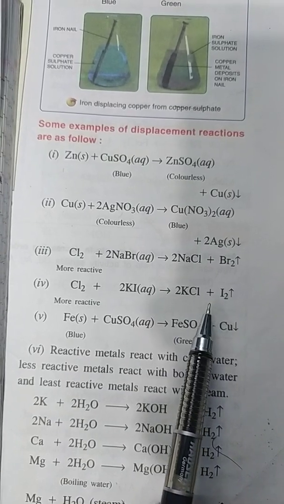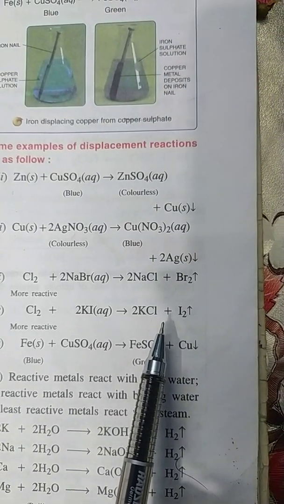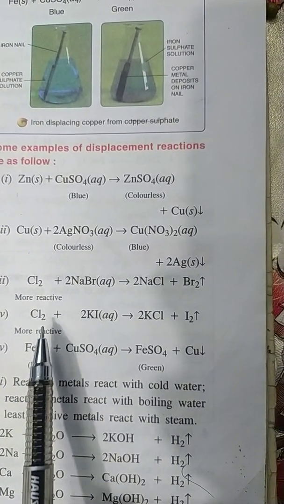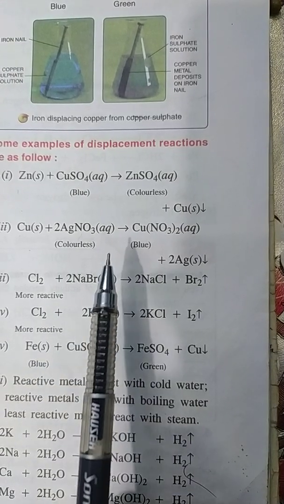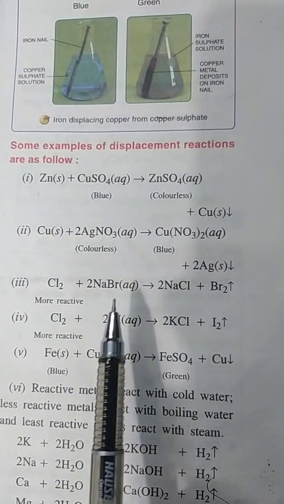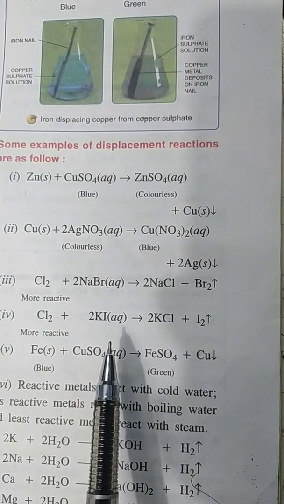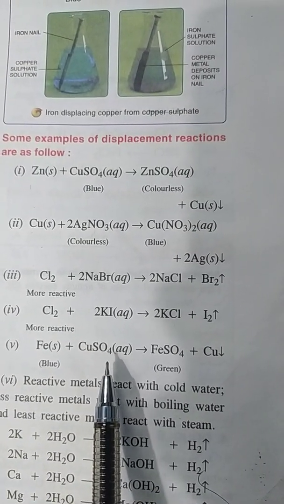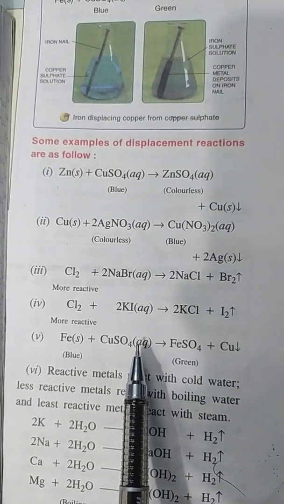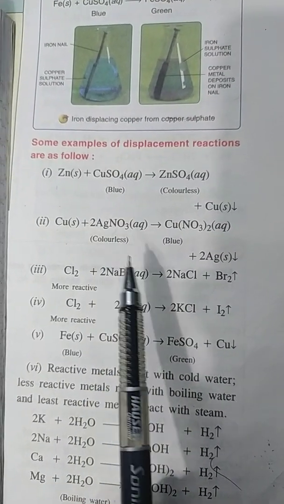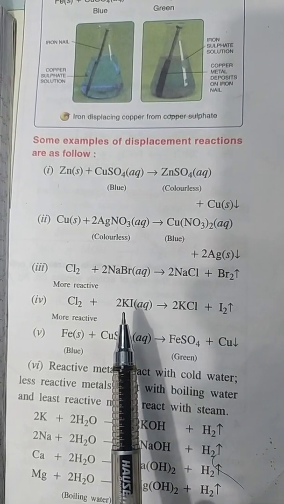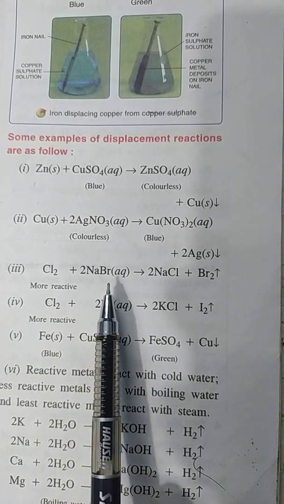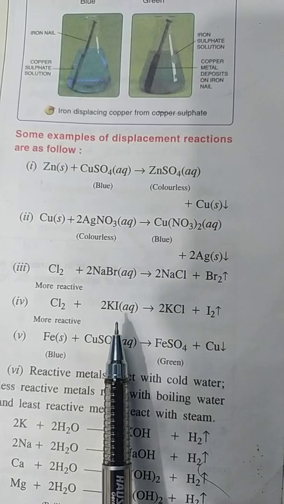So we see here so many examples of metals like zinc, copper and iron, and non-metals like chlorine, with compounds like copper sulfate, silver nitrate, sodium bromide and potassium iodide. In these we see the displacement of metals, as well as displacement of certain halides: chlorine displaced bromine, and chlorine also displaced iodine.